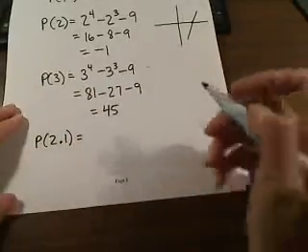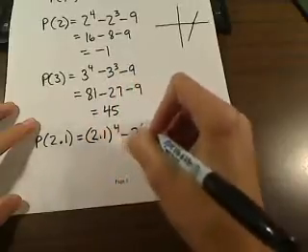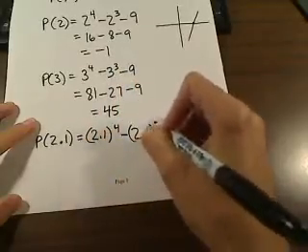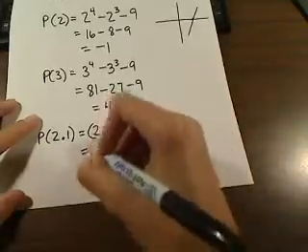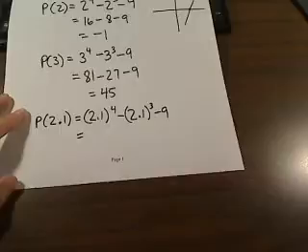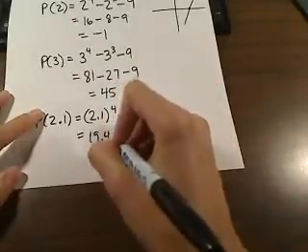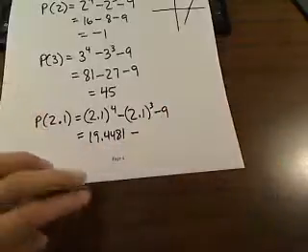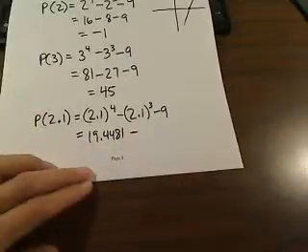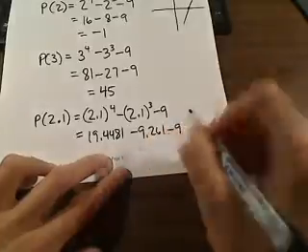So if I plug in 2.1, then I'm looking at 2.1 to the fourth, minus 2.1 to the third, and then minus 9. So 2.1 to the fourth, you get 19.4481, and then 2.1 to the third, 9.261, and then minus 9.